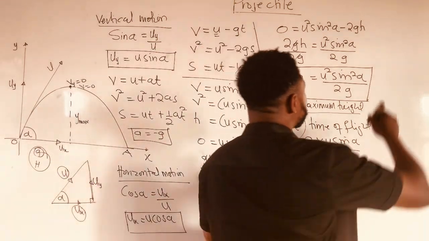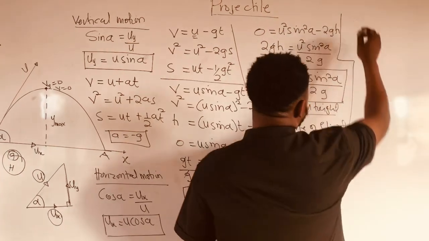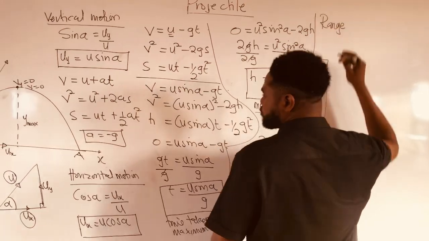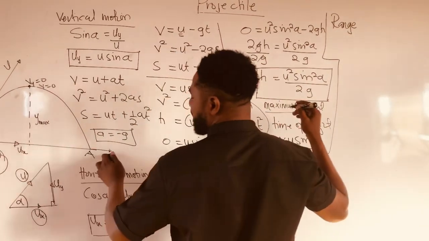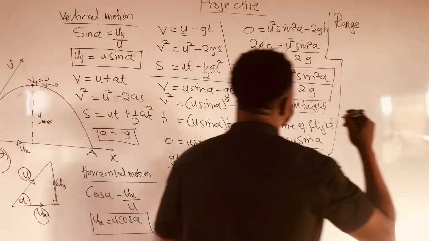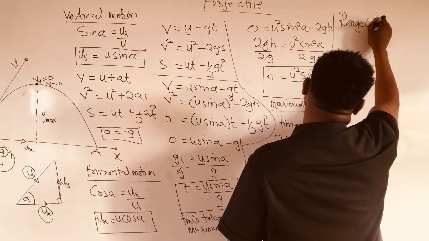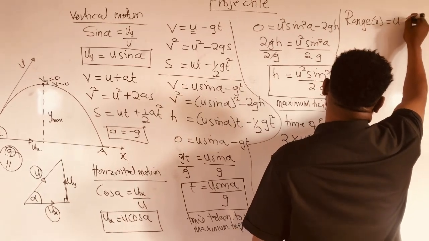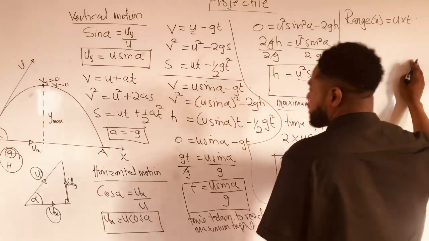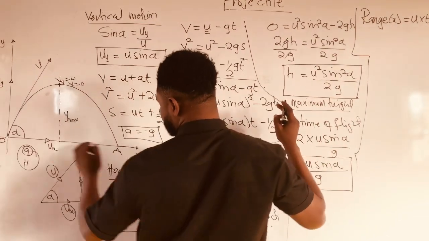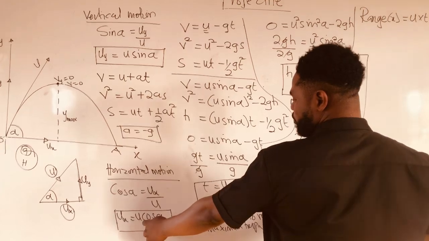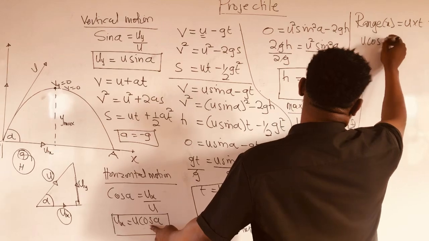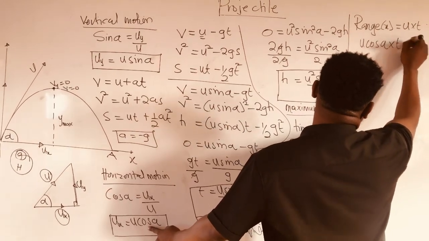Let us look at the range. When we say range, it is equivalent to the horizontal distance traveled by the body. We can say x is equal to initial velocity times time. But for the horizontal distance, the initial velocity is given as u cos alpha, multiplying time.